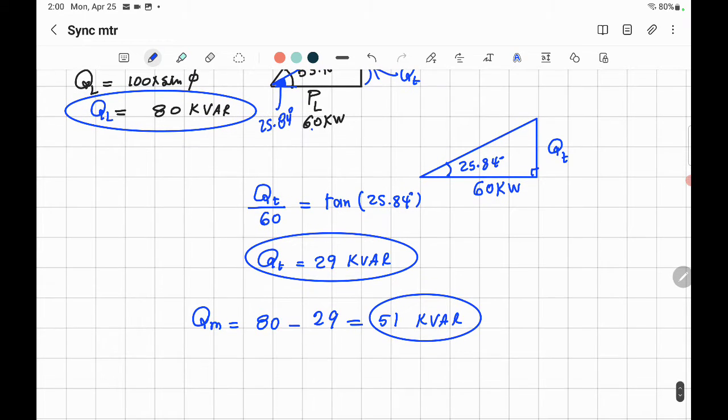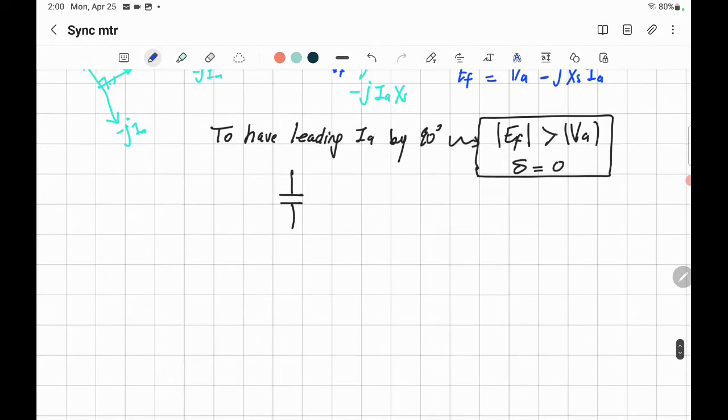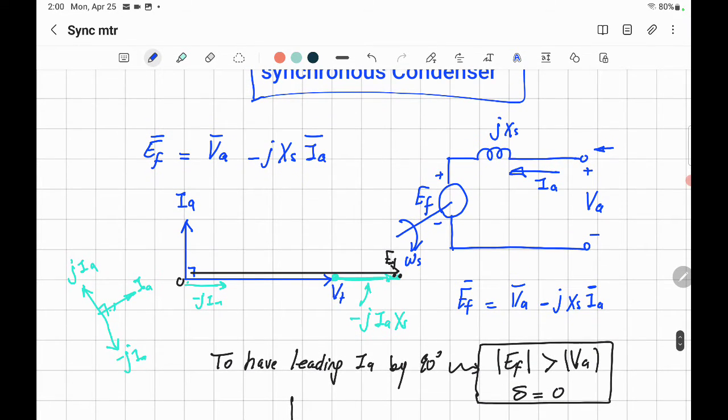Well, how do you calculate the corresponding excitation voltage for the synchronous motor? Take it step by step. First, let me remind you about what we said. The synchronous motor acts as a synchronous condenser when the current is leading the terminal voltage by 90 degrees.